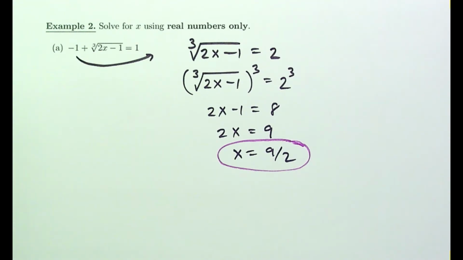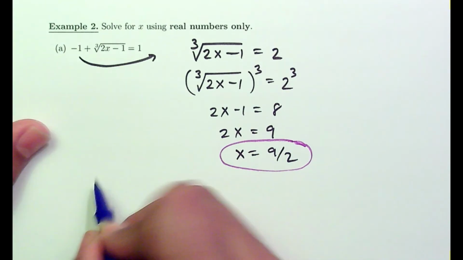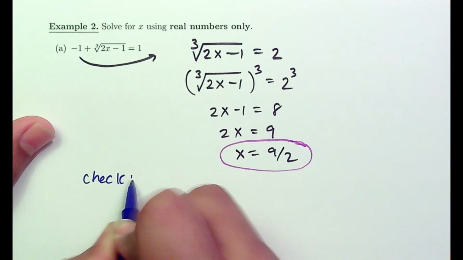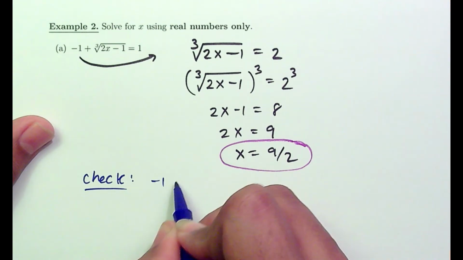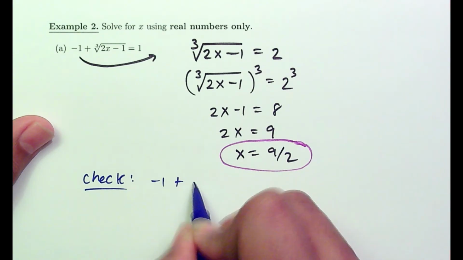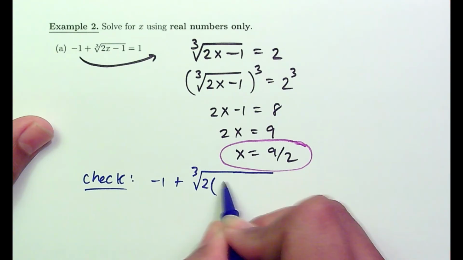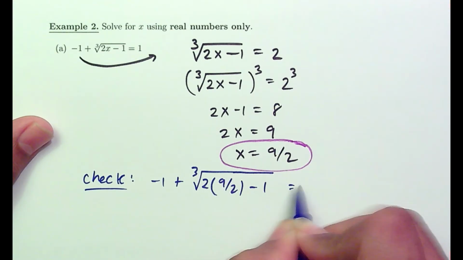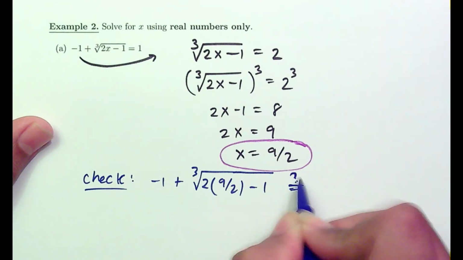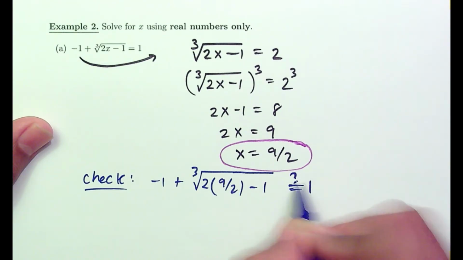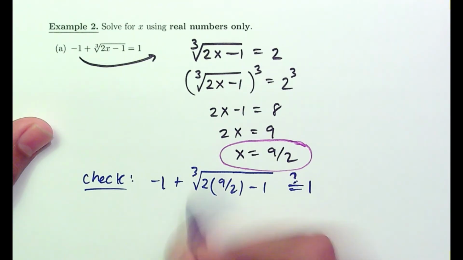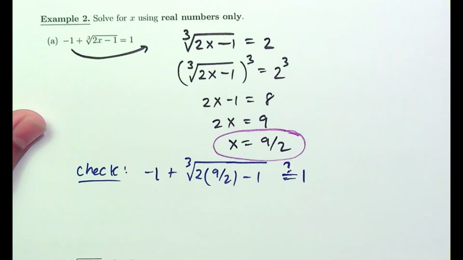Okay, so we're gonna check this real quick. This is only gonna take like 2 minutes. So check. So you get -1. Is it true that -1 plus cubic root of 2 times 9/2 minus 1 equals question mark 1? So we know this is going to work, right?